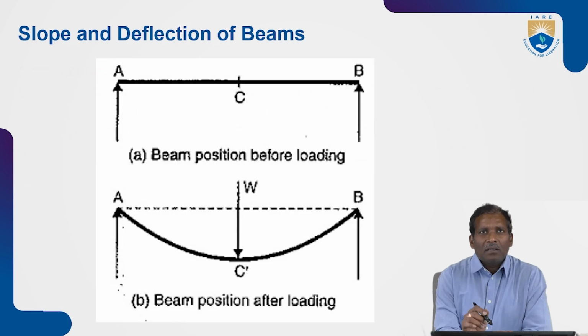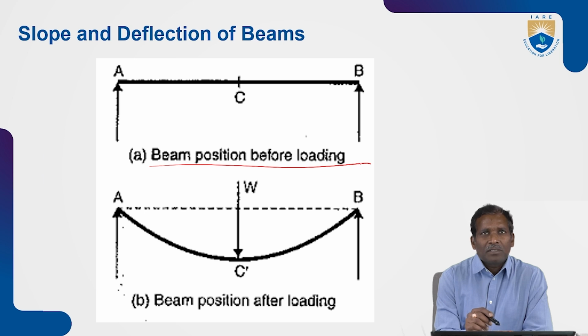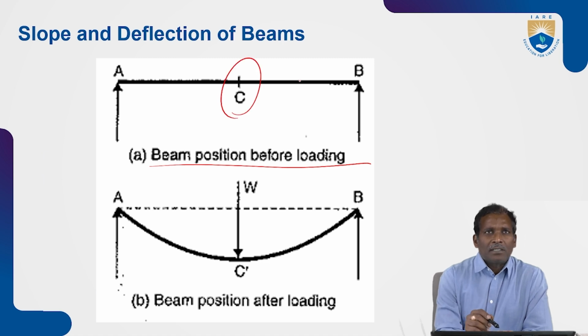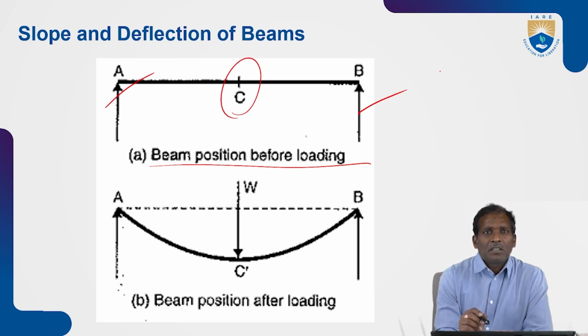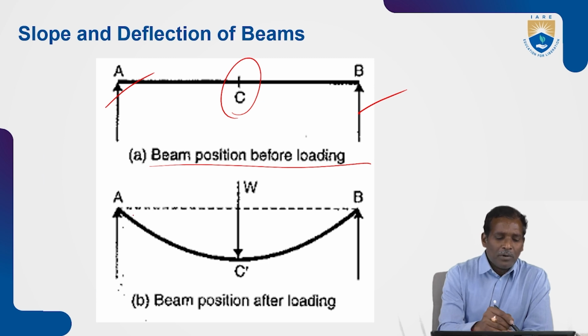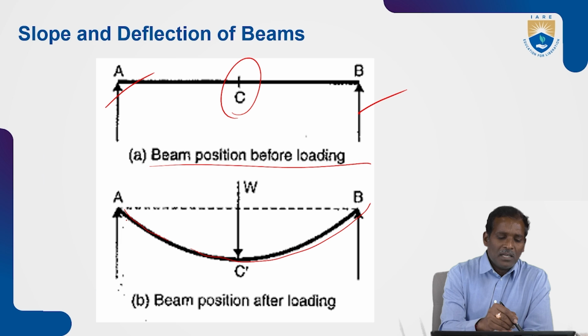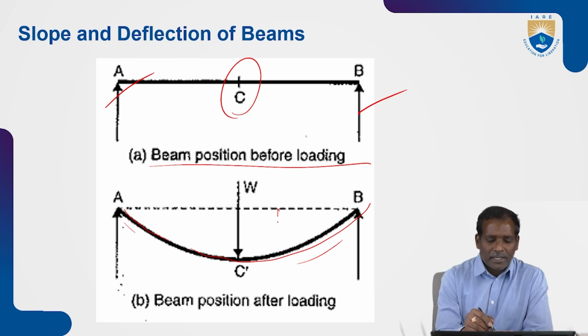See here the beam position before loading, a simply supported beam. The load is acting at its mid span. Two supports are there. The beam position after loading, it bends like this. This is the deflection of the beam. How much is it deflected?